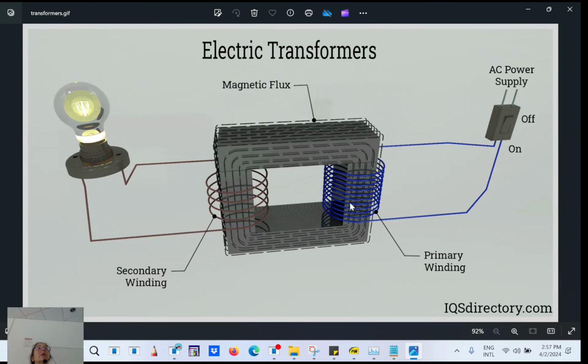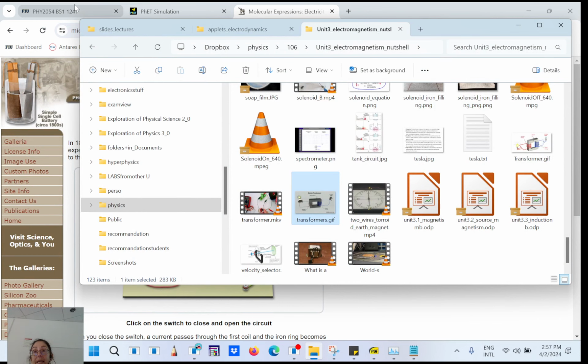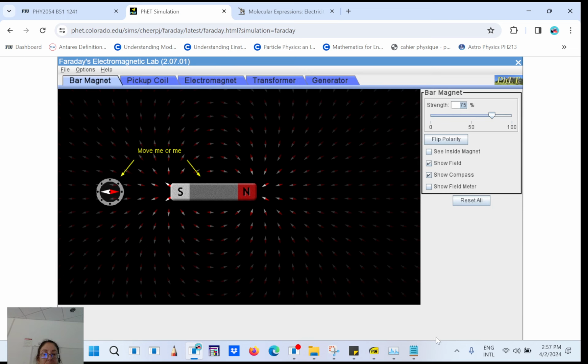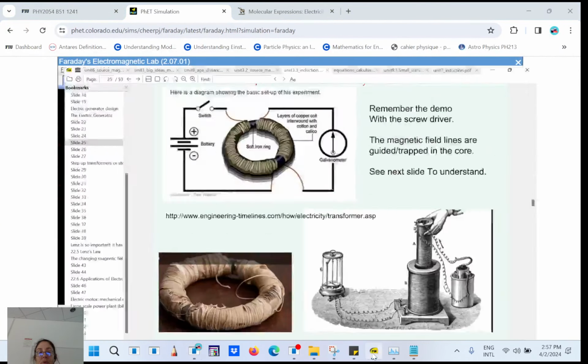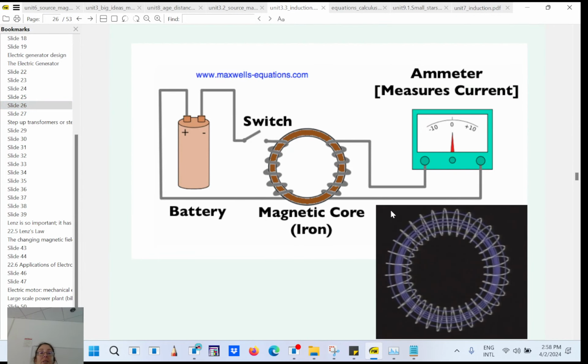So the magnetic field will expand, collapse, expand in other directions. Magnetic field going this way, this way, that way. On the other side, it's going to induce an EMF there. Okay? Is that clear? And that was found by Michael Faraday himself. Remember, he didn't go to college, went barely to school until he was 12 years old, and nevertheless he was a genius.